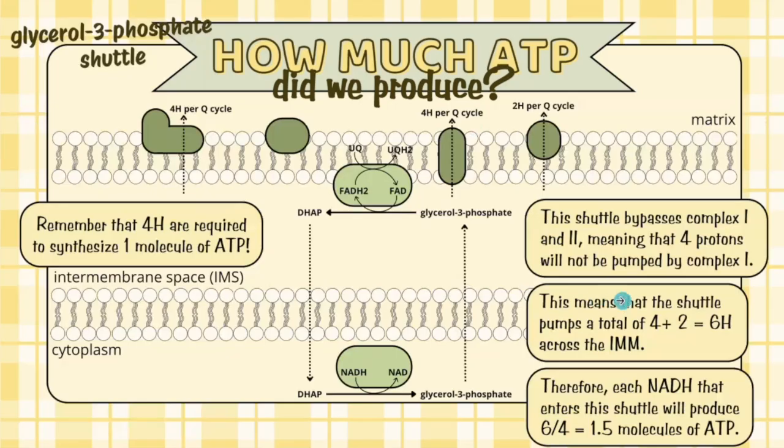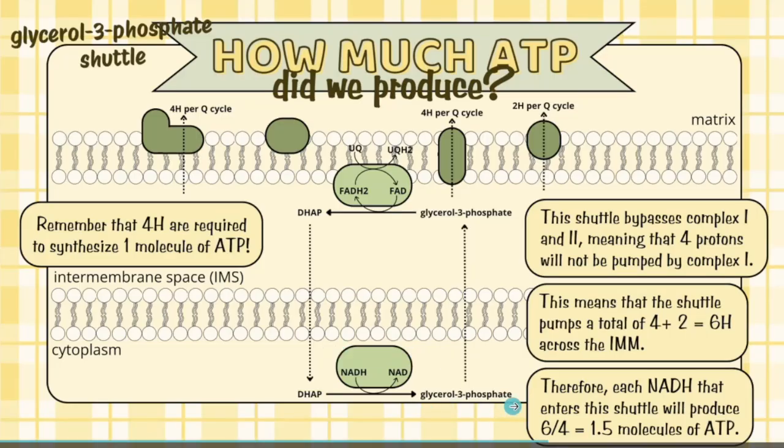Okay. Basically, one of the carriers that we can give electrons of NADH to is DHAP. We give it to DHAP, forming glycerol 3-phosphate. The enzyme that catalyzes this reaction is called glycerol 3-phosphate dehydrogenase.